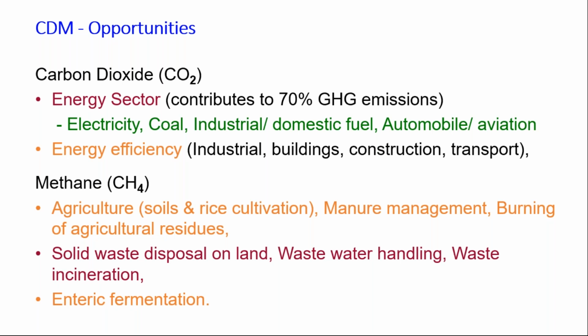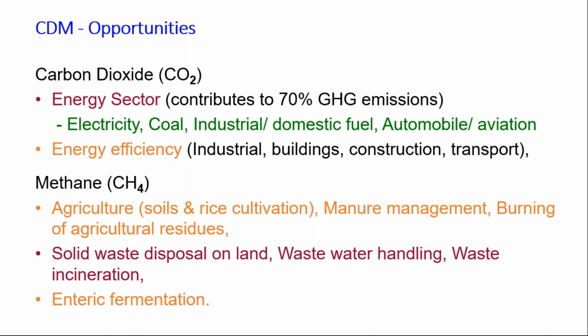So we have to select a particular energy sector, that is electricity, coal, industrial, domestic fuel, automobile or aviation. Because these industries or these fields are consuming more hydrocarbons or carbon derivatives, and they are producing more and more CO2.